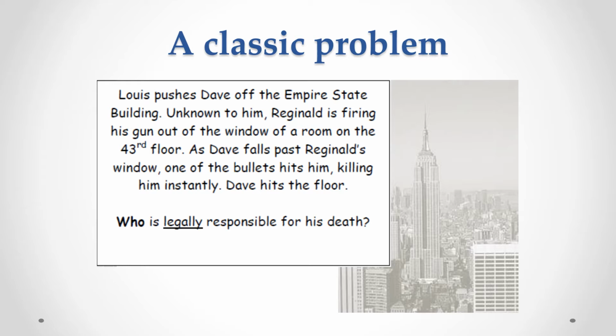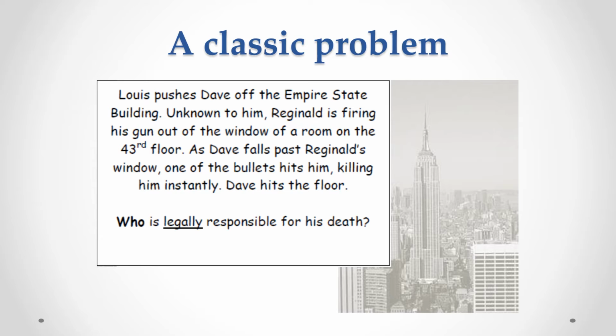Do we charge Lewis? Do we charge Reginald? Do we charge both? So have a think about who should be legally responsible. And what would be a good idea is once we've looked at the rules, you come back to this problem and see if you can make a decision about that.